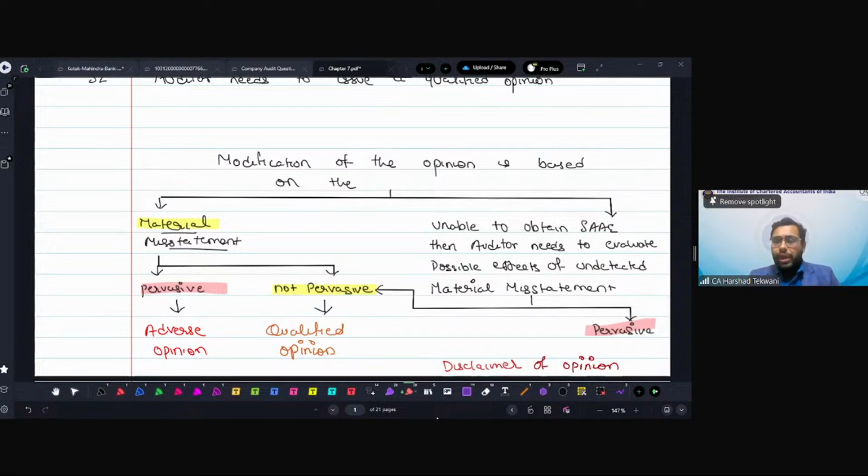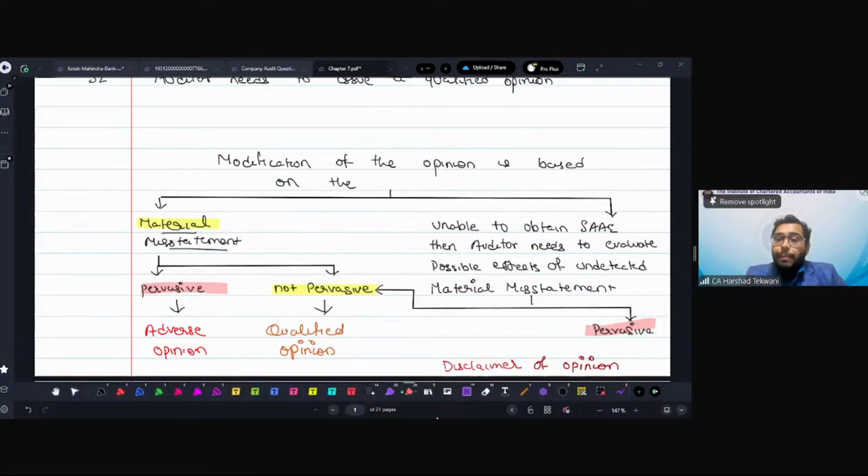There are other things, trade receivables, fixed assets. Now you were not able to get any information about investments, so you cannot say that I will issue a disclaimer of opinion. In that case, you will issue a qualified opinion that I did not get information about investment, but apart from that, I got information about the substantial portion, which is either appropriate or not appropriate based on the audit evidence.